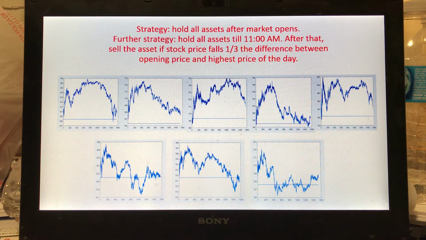After that, if the stock has fallen about 1/3 of the difference between the opening price and the highest price you observed, you sell your stock, and wait for the market close. Wait until before the market close to buy back your asset.